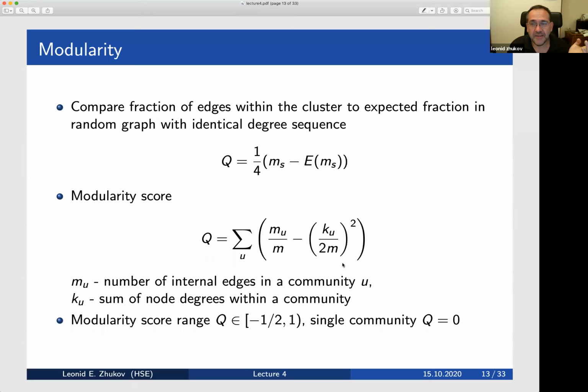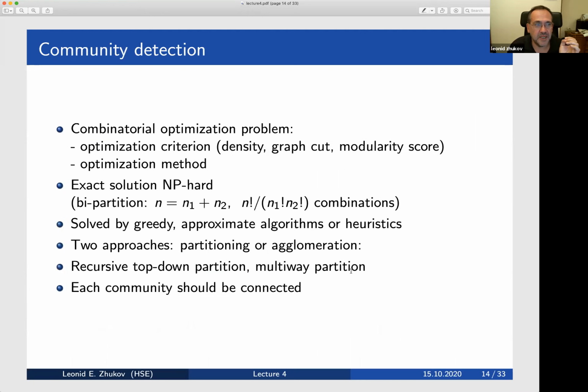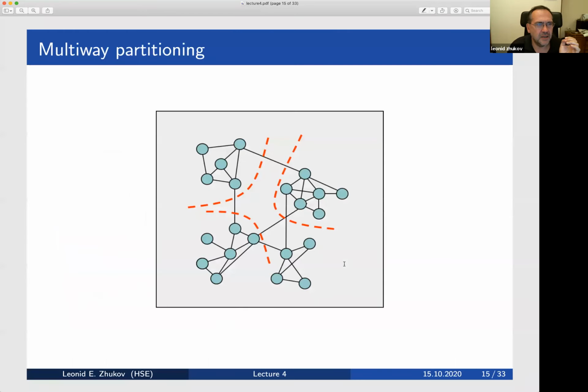In fact, this metric actually works pretty well. And it's used in many algorithms, either as a metric we optimize or as a metric we monitor. And when there is a single community, this metric is equal to 0. And then it can go from -1/2 to 1. Let me show you an example. Come on.